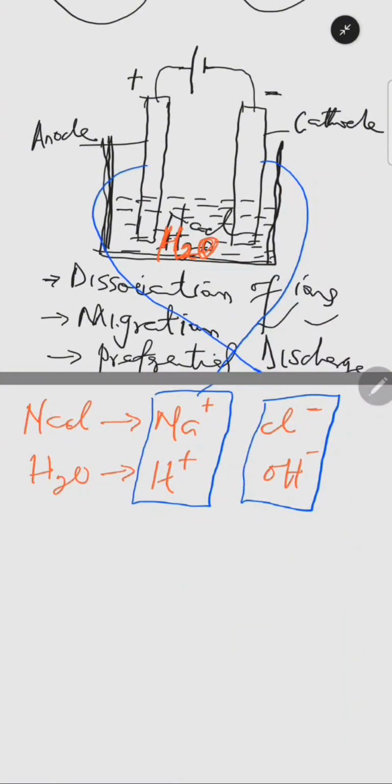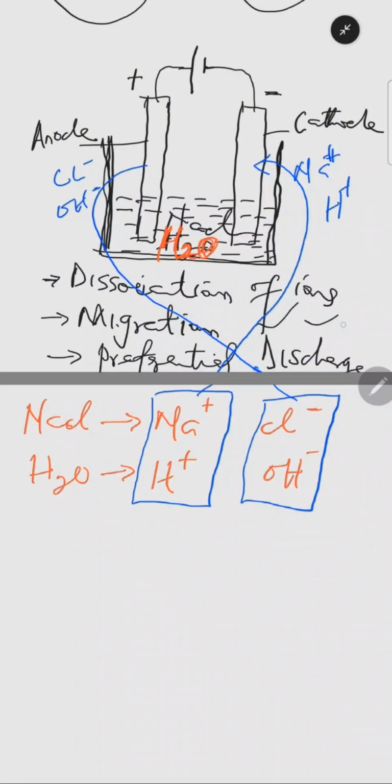Opposite charges. So sodium ion and hydrogen ion will move to the cathode, while chloride ion and hydroxyl ion will move to the anode. So that's the first step.